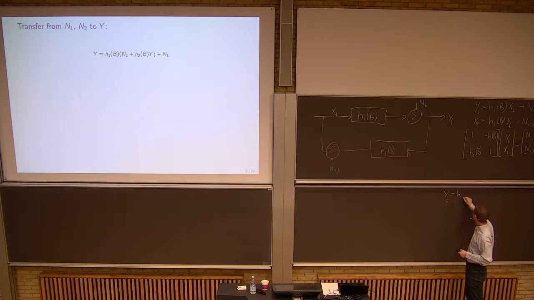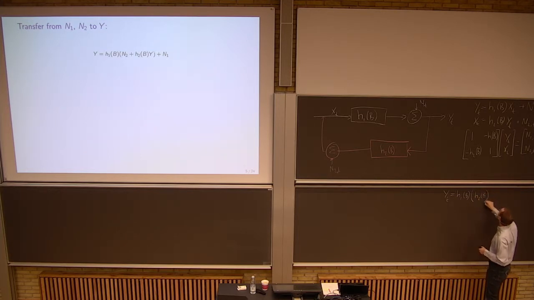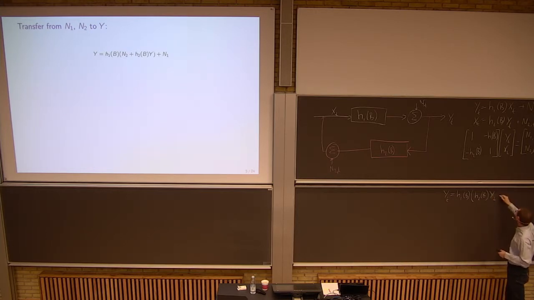So I have h1(B) on what is x_t, and x_t is h2(B) y_t, plus n2,t, that was x of t, and then I have to add n1,t as well.